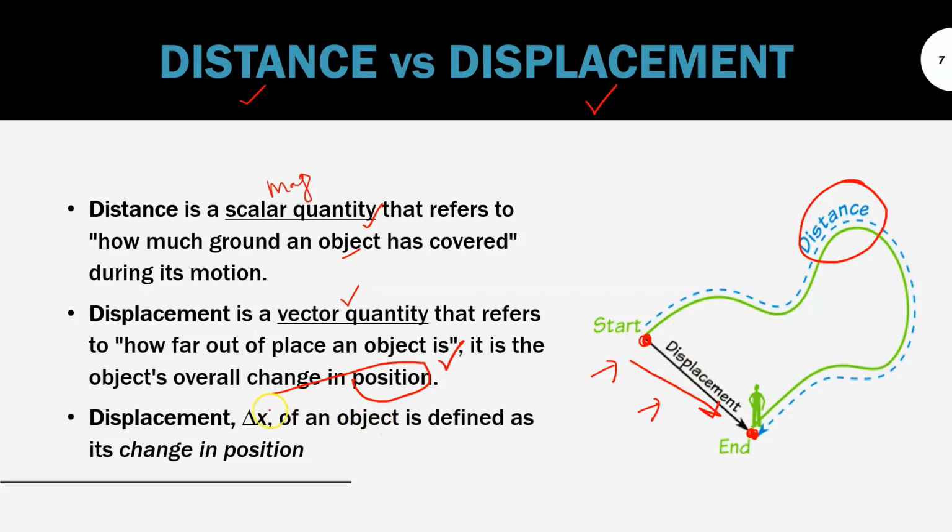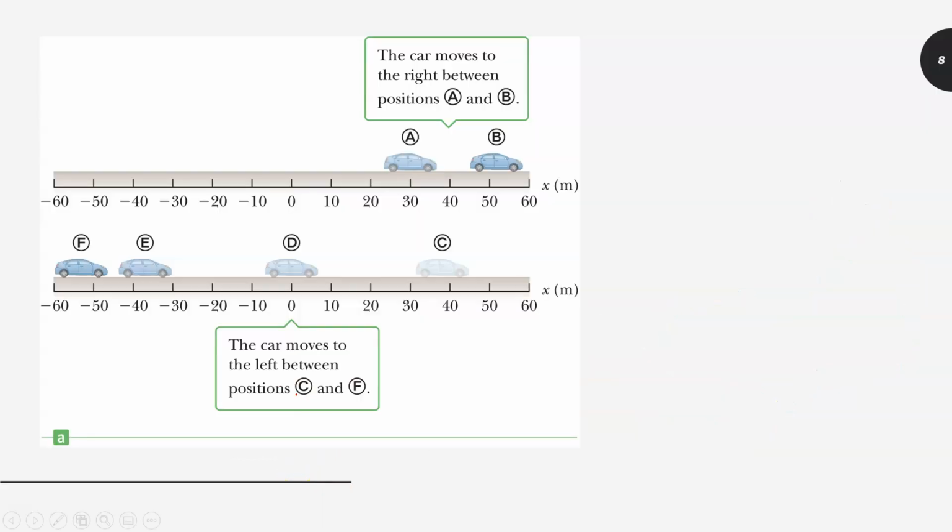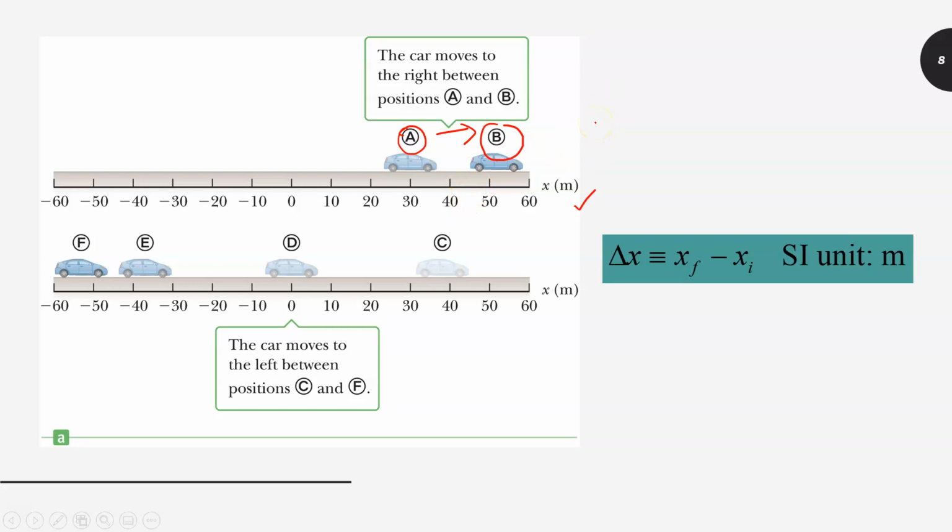Now displacement, which we symbolize as delta x of an object, is defined as its change in position. When we look at the upper figure here, it describes how the car moves to the right from position A to position B. This motion of the car causes a change of position, delta x.